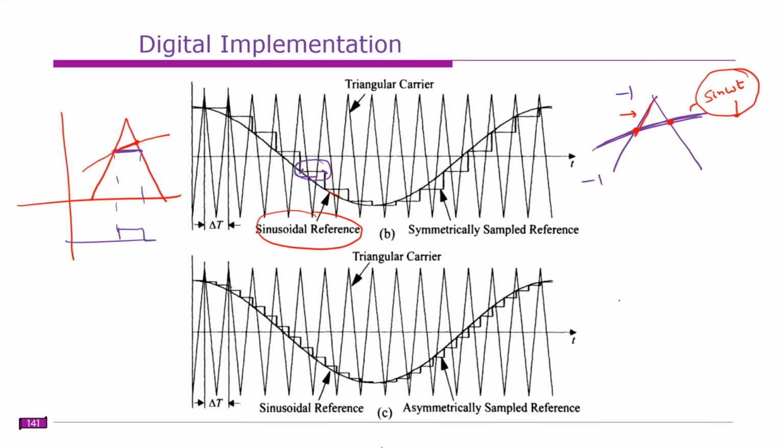It will be something like this. This is the triangle carrier, this is the positive peak, and this is the negative peak.